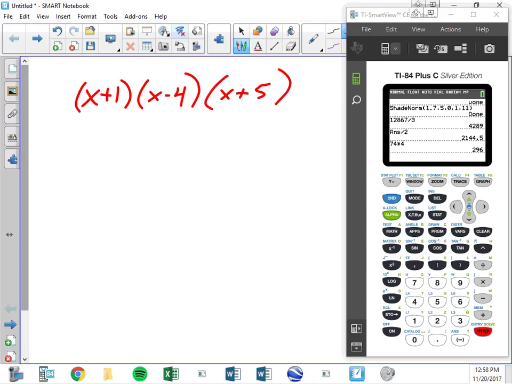So, this one here is going to hit the x-axis where? -1, right there, +4, and -5. Am I going to start from the top or the bottom? Well, x times x times x is positive x to the third.